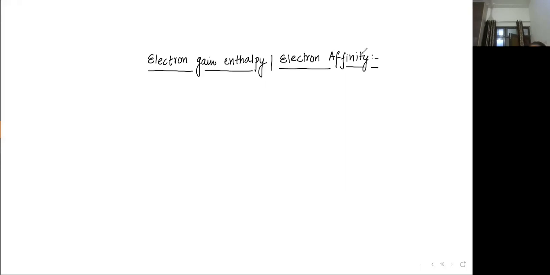Can you tell me the definition? Ionization energy is the amount of energy required to remove an electron from the valence shell. What will electron gain enthalpy be? Electron gain means you are adding an electron. Correct. It is energy released, not energy required.